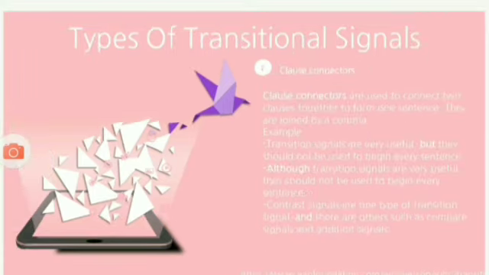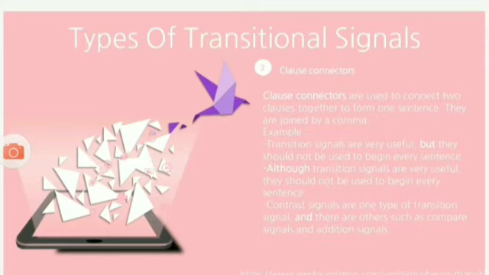Clause connectors. Clause connectors are used to connect two clauses together to form one sentence. They are joined by a comma. For example, transition signals are very useful, but they should not be used to begin every sentence.